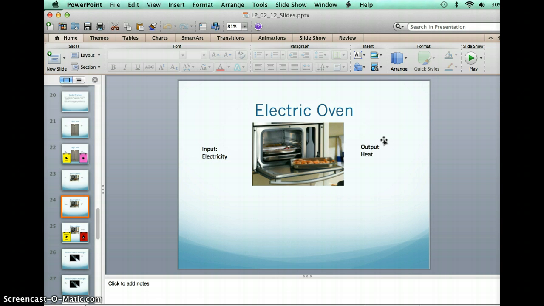So now you're going to write for energy input and output what form of energy those two match up with from our forms of energy from yesterday. Electricity as input and heat as output.